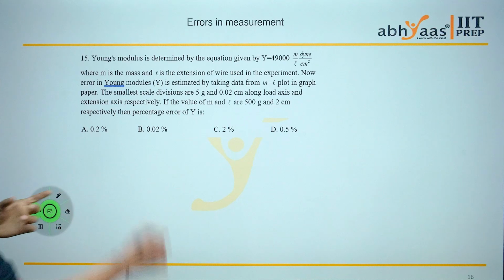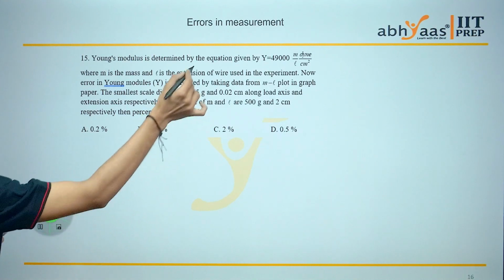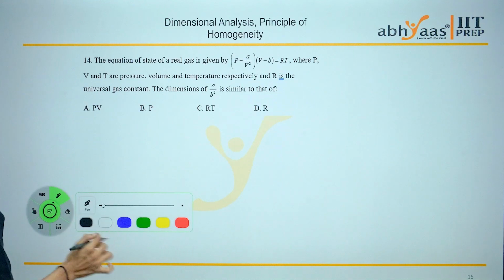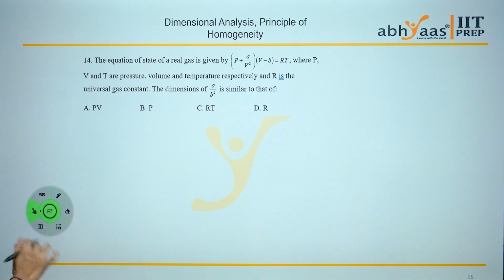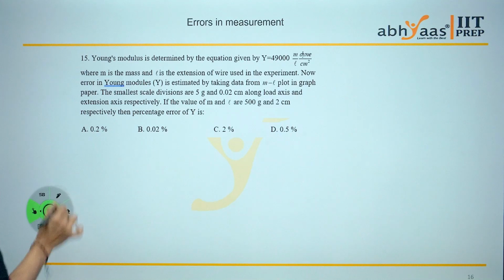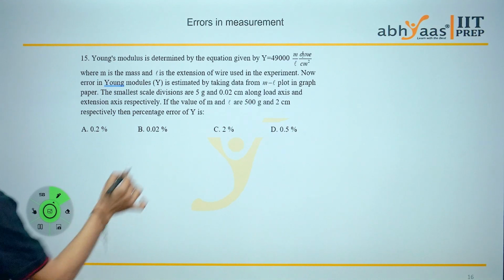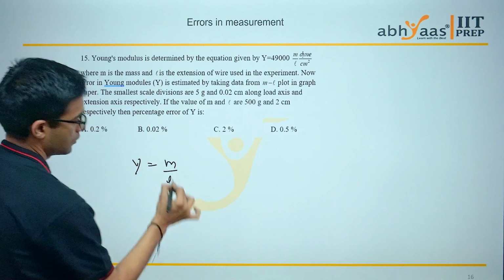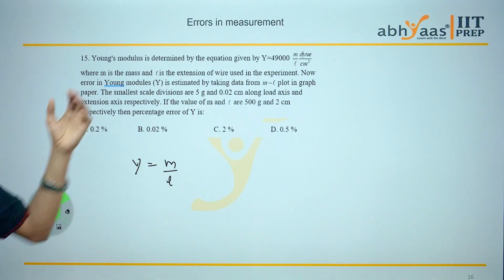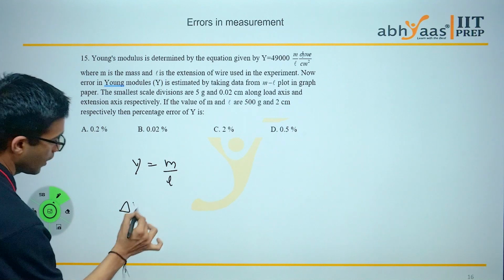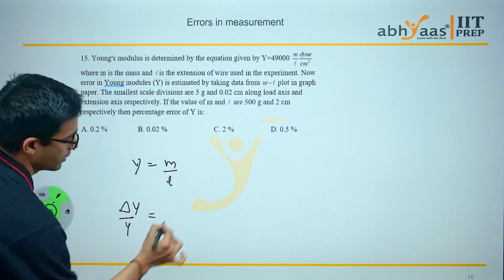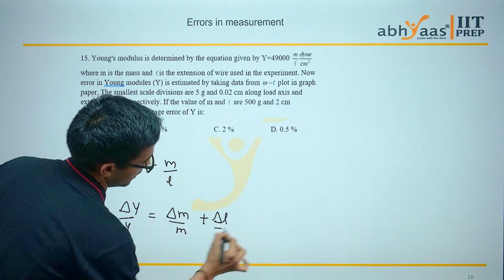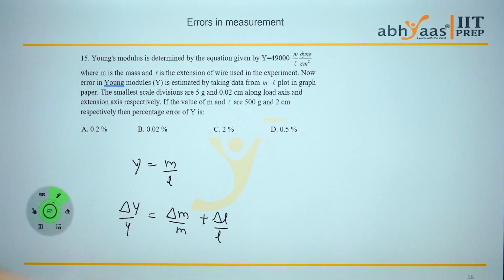So what is this? You can observe y is equal to m by L. If you take that y equal to m by L, so from the errors in measurement, if you observe, delta y by y is equal to delta m by m plus delta L by L. This is what errors in subdivision.